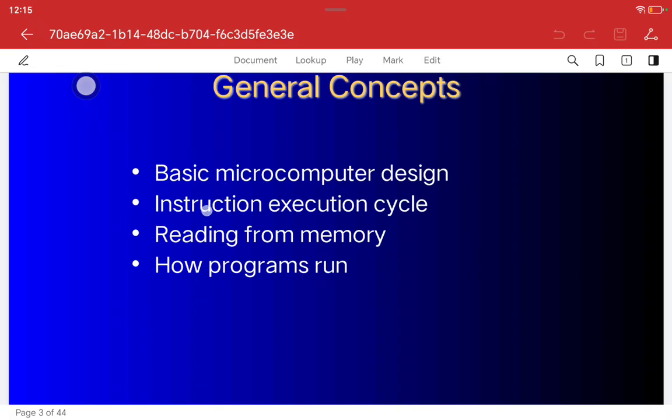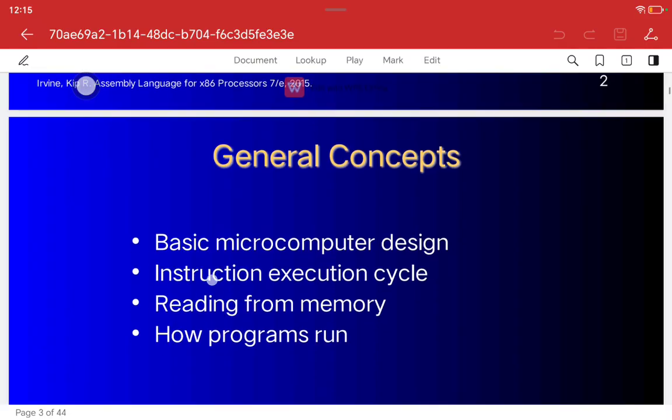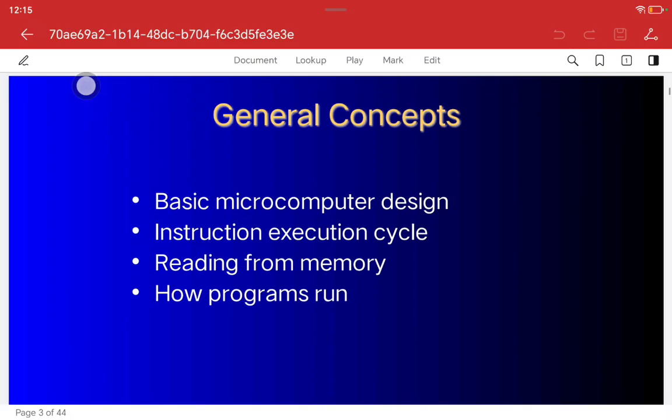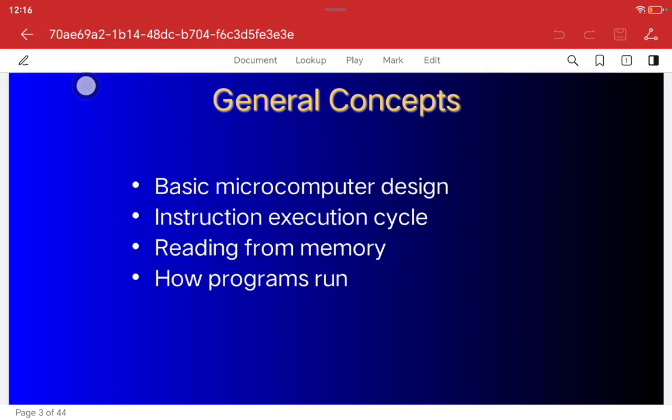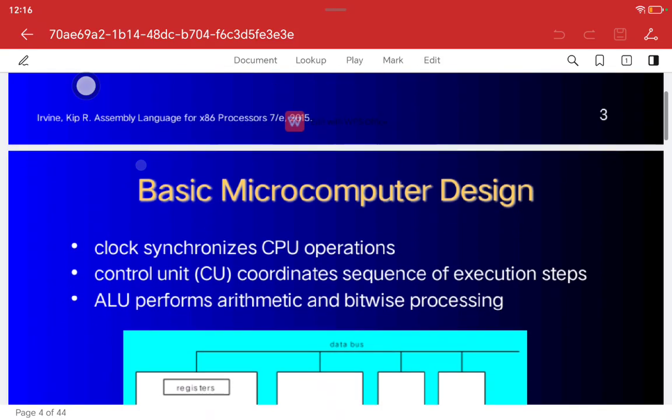But we'll be based more on execution, since we'll be programming, then we execute our programs. So we'll be learning about reading from memory, where we'll check some registers that will be part of such a procedure, and also how to run a program, or how programs run.